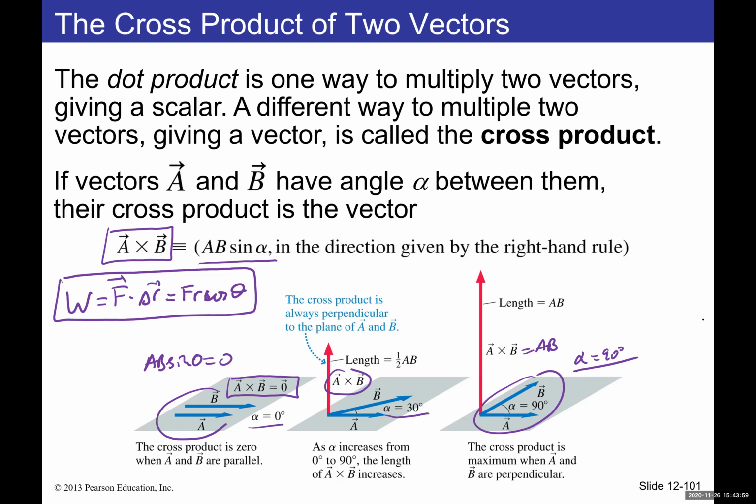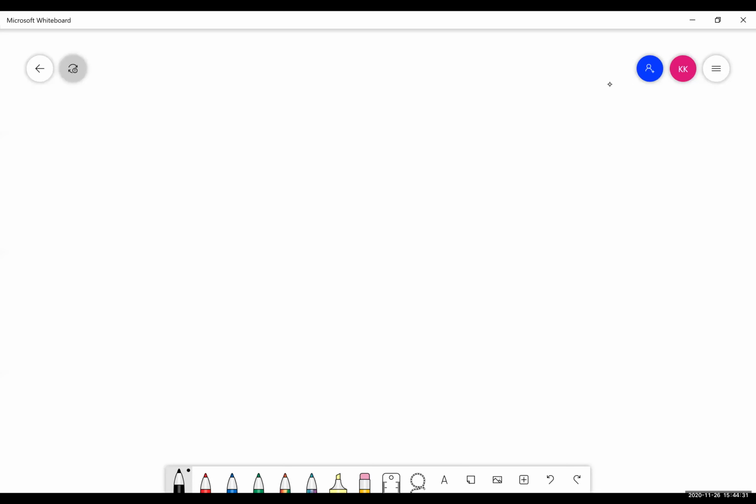That means it is easy if you have the magnitudes of the vectors and the angle between them. But it's not necessarily that easy when they're given in terms of their components, so I'm going to give you an example of what to do in that case.